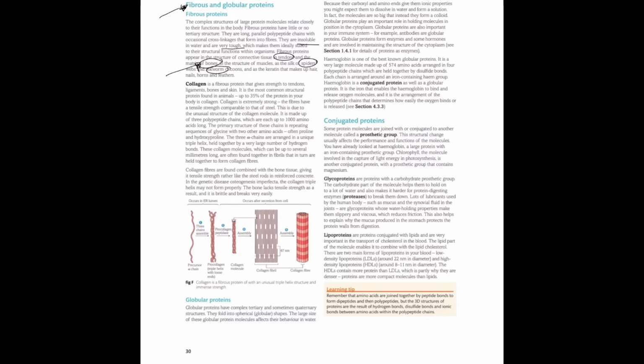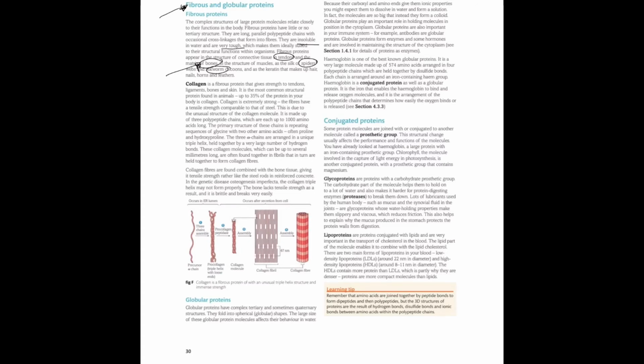Collagen is a fibrous protein that gives strength to tendons, ligaments, bones, and skin. It is the most common structural protein found in animals. Up to 35% of the protein in your body is collagen. Collagen is extremely strong. The fibers have a tensile strength comparable to that of steel. This is due to the unusual structure of the collagen molecule.